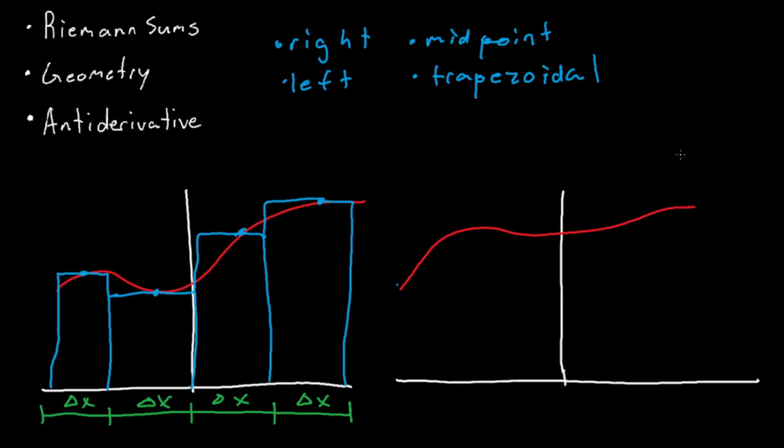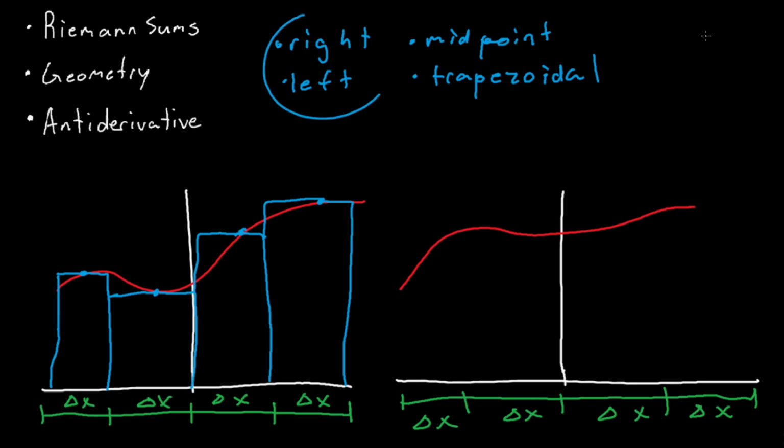And basically what the trapezoid does is, again, you pick some delta x. So let's draw the delta x's. And what you do with trapezoidal is pick your left or right rectangles carefully. You're going to be switching between left and right rectangles.